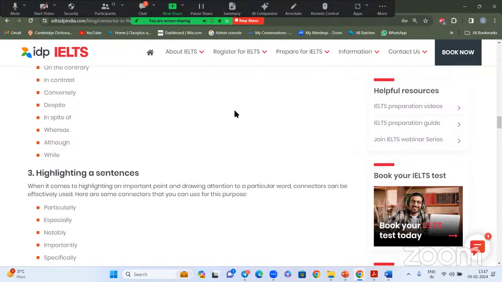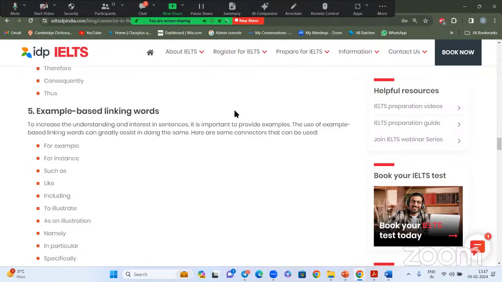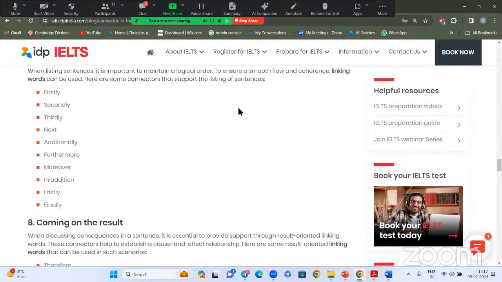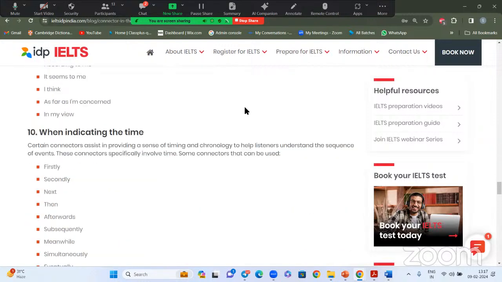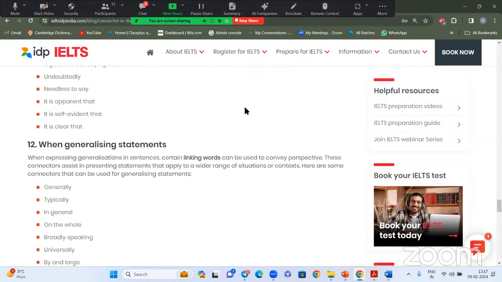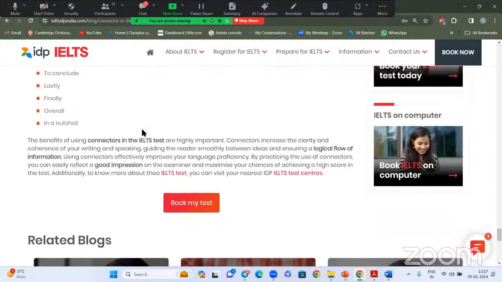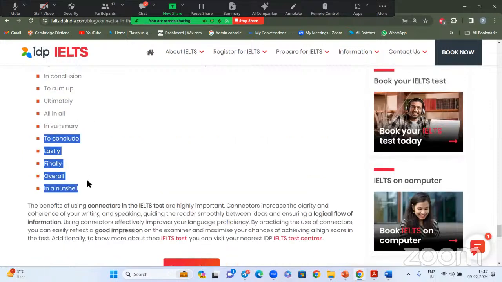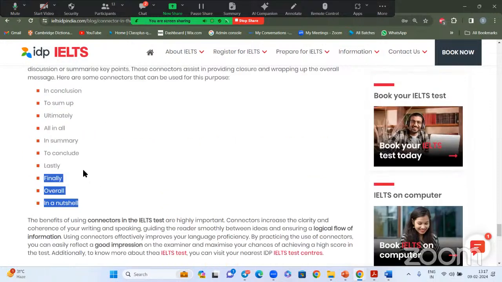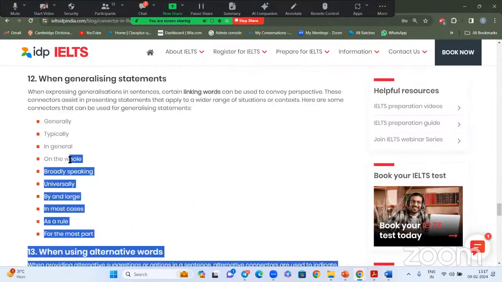These are the different types of connectors. Go through these. I'll give you this website link, and you can go through it. But some of them are not acceptable in OET. Those I'll tell you.